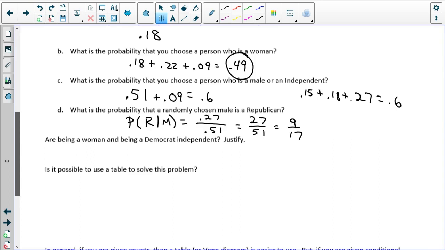Are being a woman and being a Democrat independent? And just from the eye test, it's probably not, but we have to justify. So the probability of being a woman was 0.49. The probability of being a woman, given that you are a Democrat, and by the way, independent here is different from the political party independent. So probability of being a woman given being a Democrat, the probability of being a Democrat in this problem was 0.4.